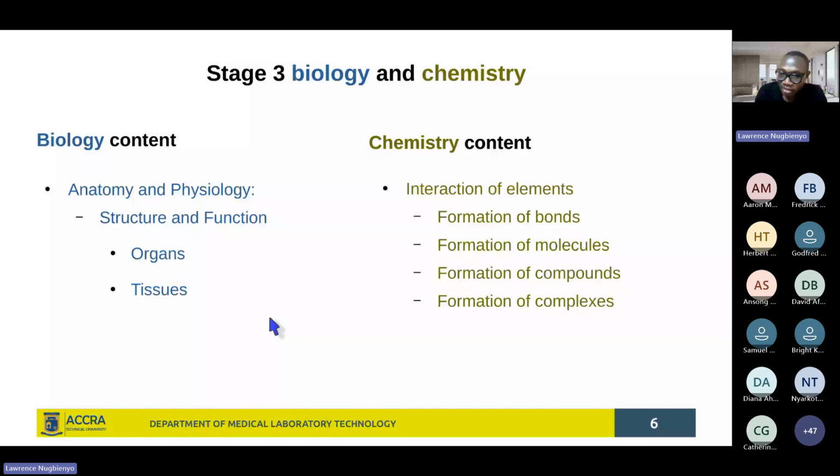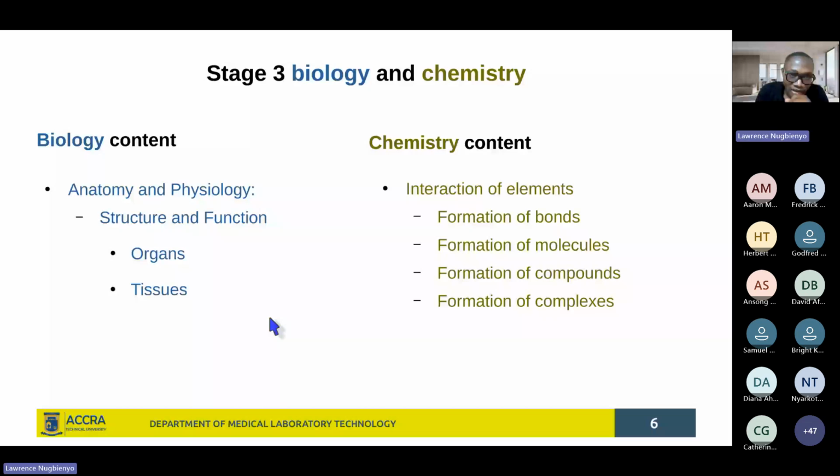And once bonds are being formed, then of course you now have the formation of molecules, compounds, complexes. You look at these types of interactions in elements or even between elements.